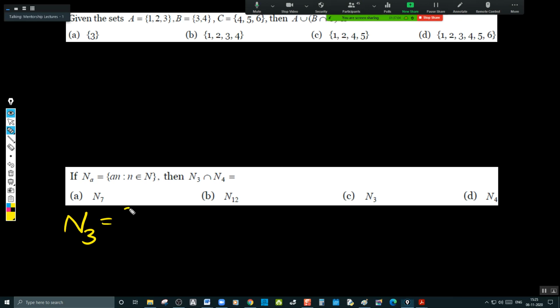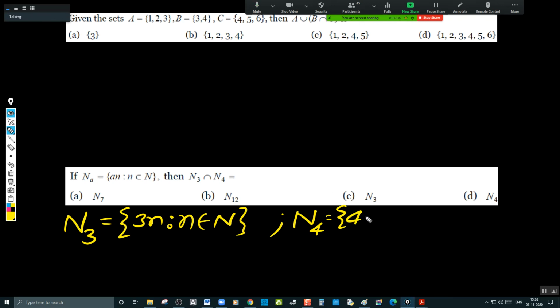N3 means 3n is as n belongs to N. This is the meaning of it. Similarly, this is 4. In place of A, 4 is there, and it is 4n is as n belongs to N.